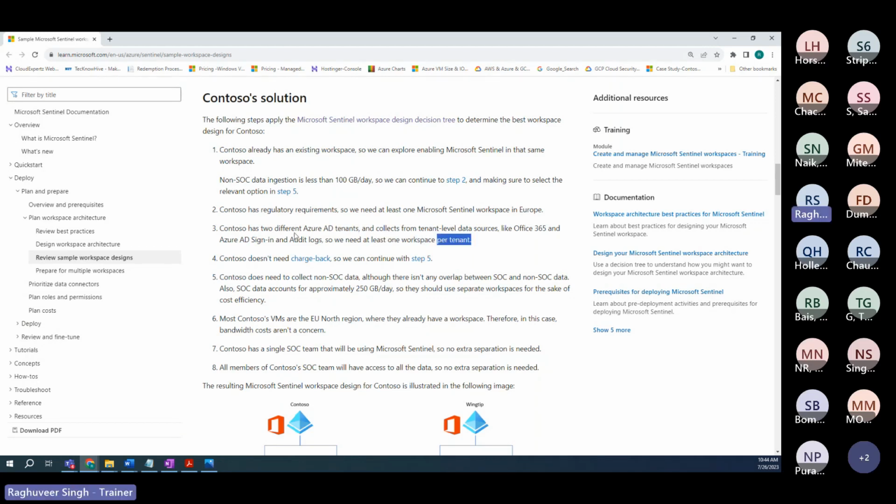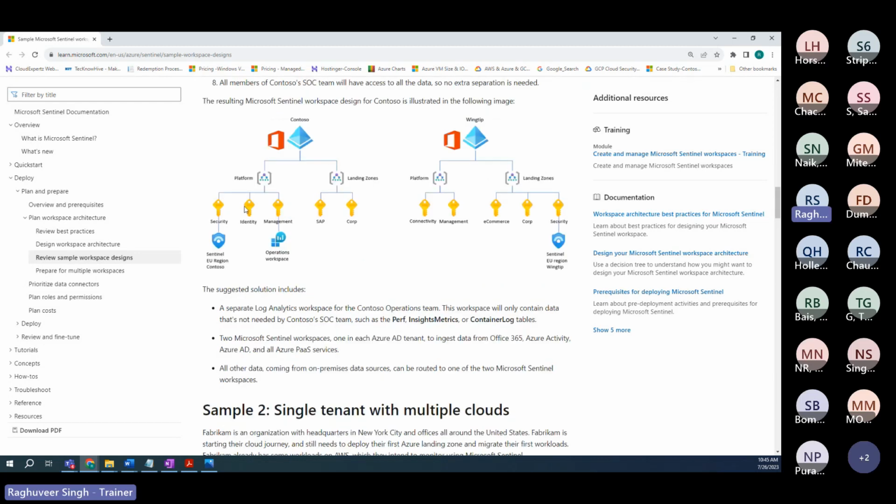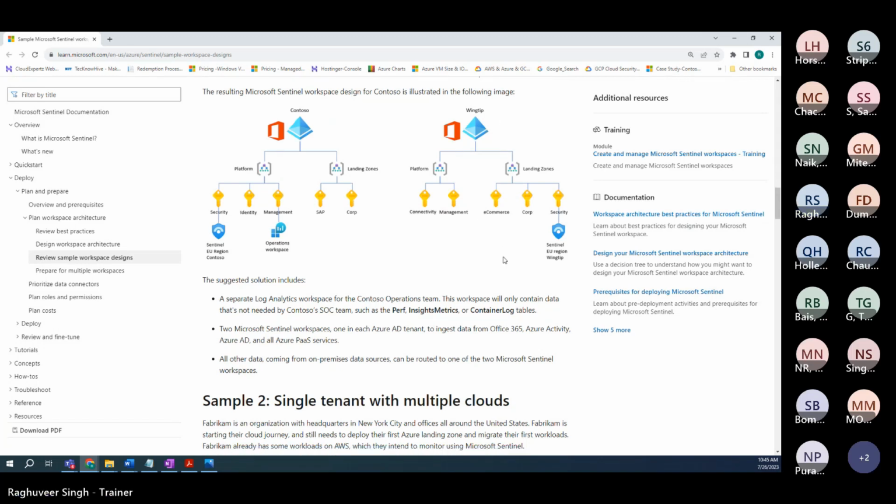So in the solution, if you see, this is your operational workspace, which is separate, and this is Microsoft Sentinel. In this operational workspace, they are containing the M365 logs and Azure AD sign-in logs for this tenant. And over here, they also have a workspace in which they are collecting the logs.